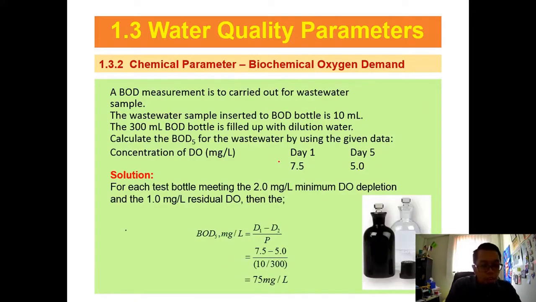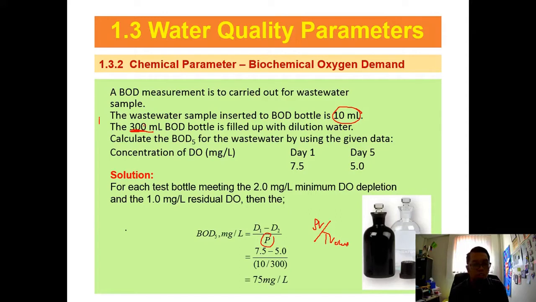So here is an example of how you can measure the BOD. The given sample is 19, bottle 300. So you need to understand here P is the sample volume divided by the total volume of the bottle, and the total volume for this bottle is 300.